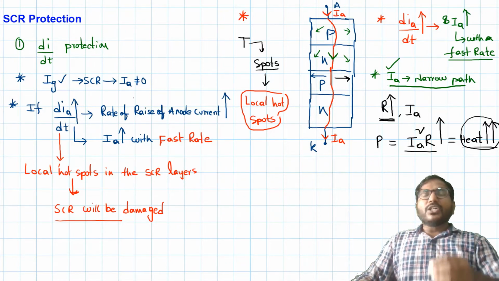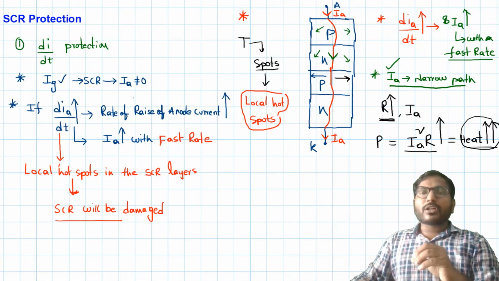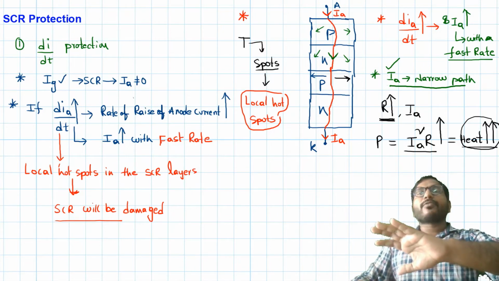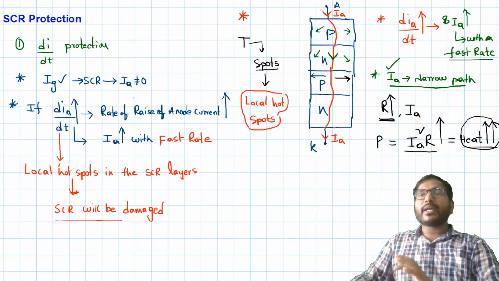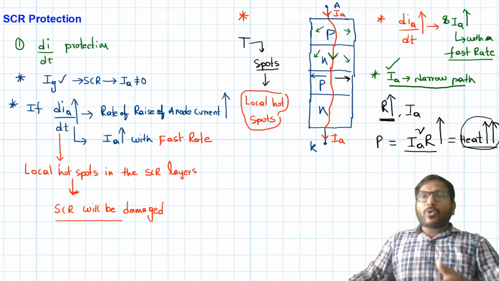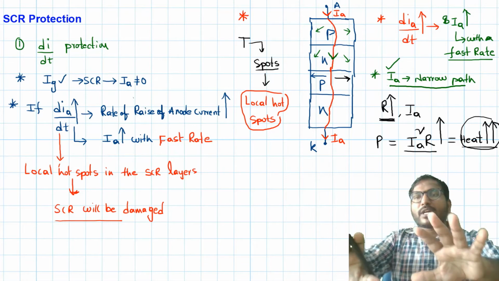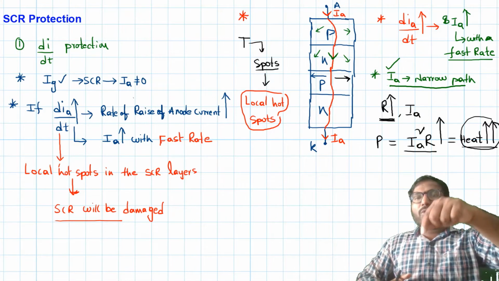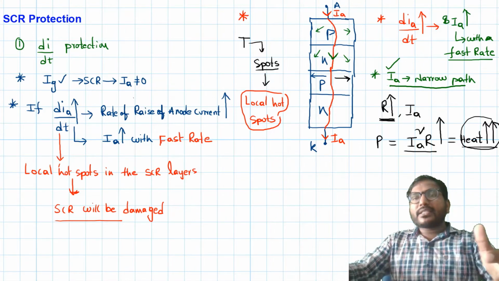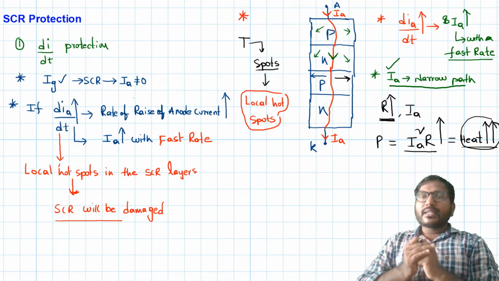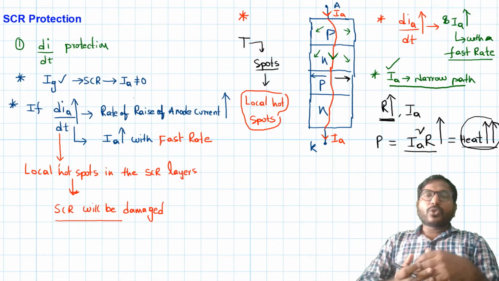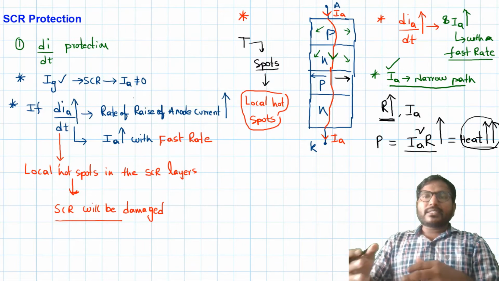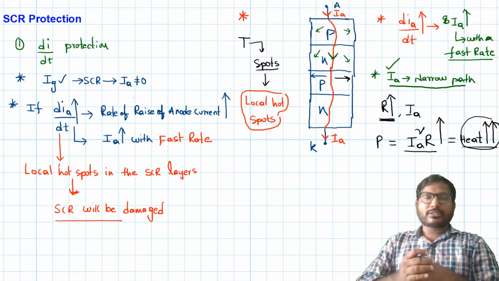The reason for the formation of local hot spots is the fast rate of rise in anode current, that is high dI/dt. The current will not distribute throughout the layers; it only chooses a narrow region. The remaining region of the SCR layers has high resistance because there is no conduction, so we see more heat losses.